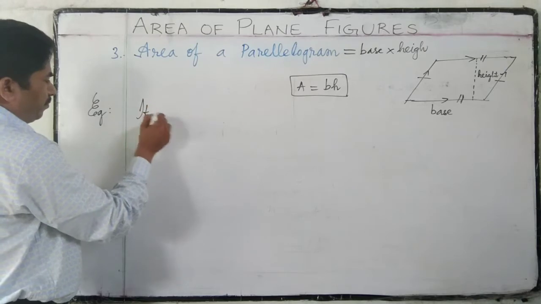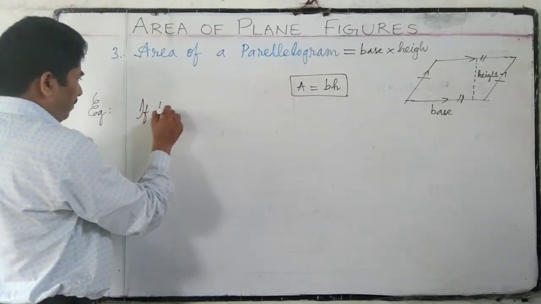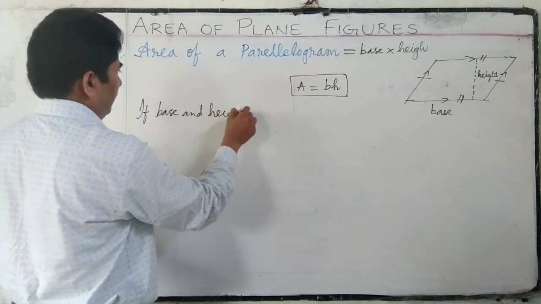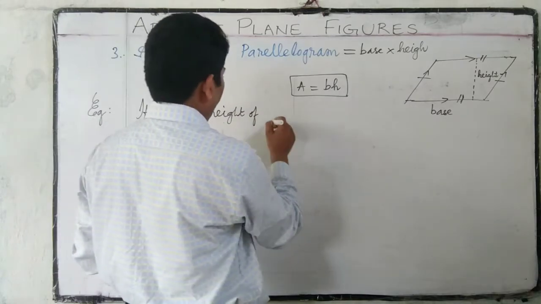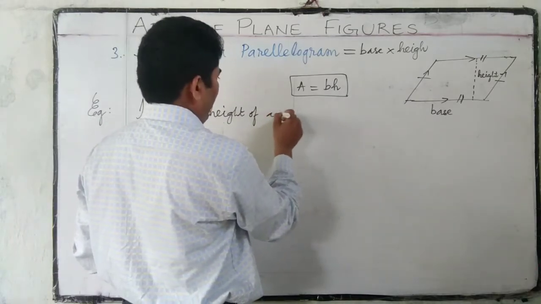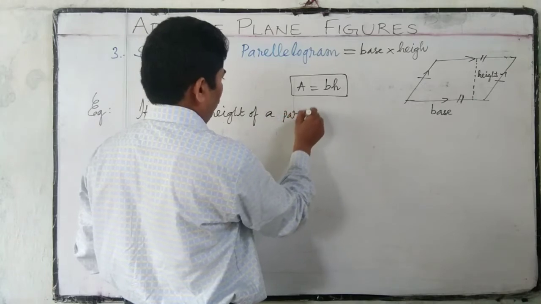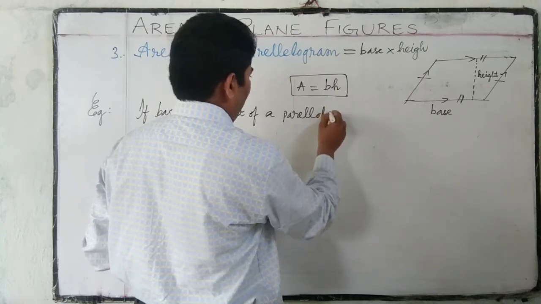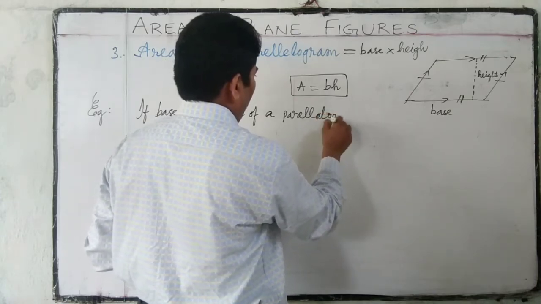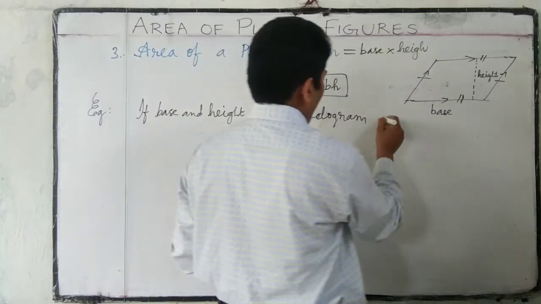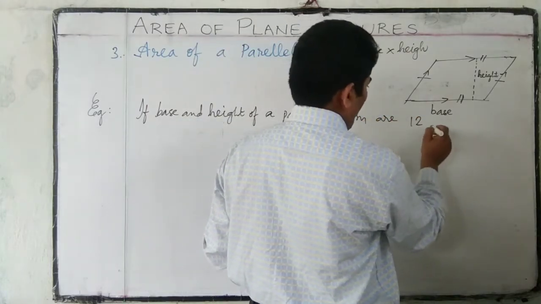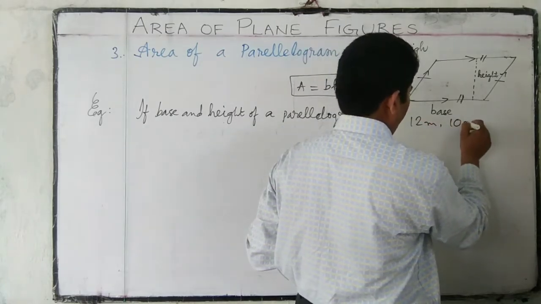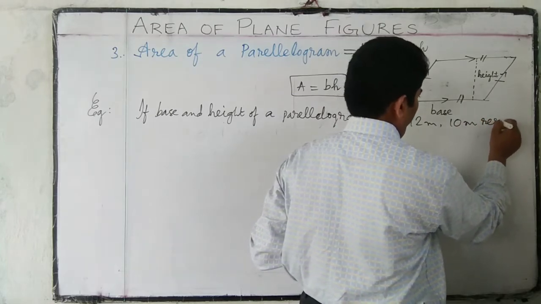If base and height of a parallelogram are 12 meters and 10 meters respectively.